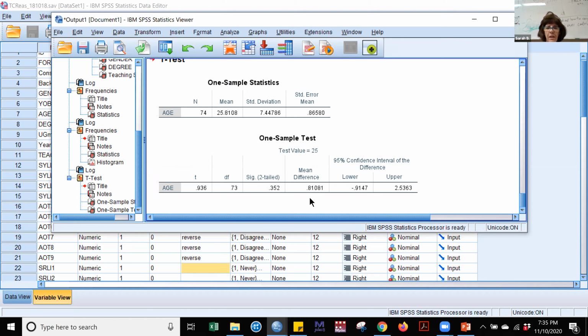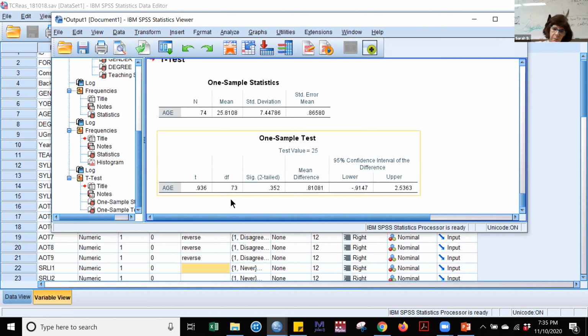So the numerator of the t is this, the denominator is this: 0.81081 divided by 0.86580. 0.86580 is a little bit less than 1, so this gives you a t of 0.936.